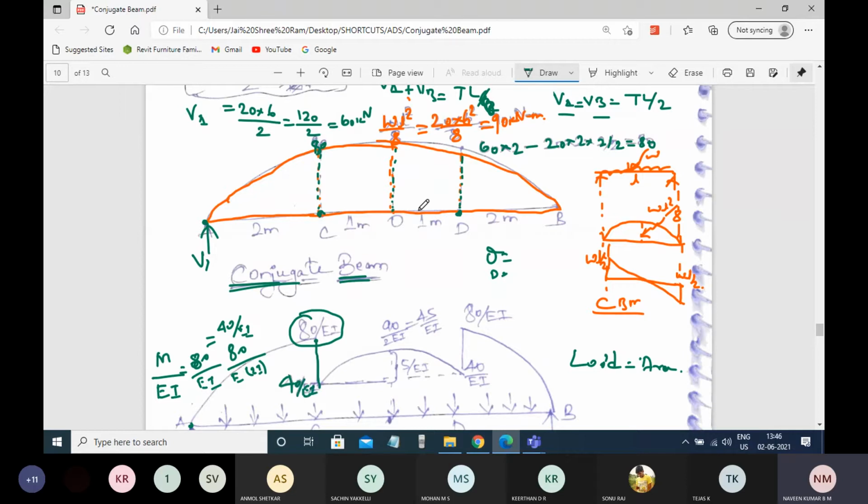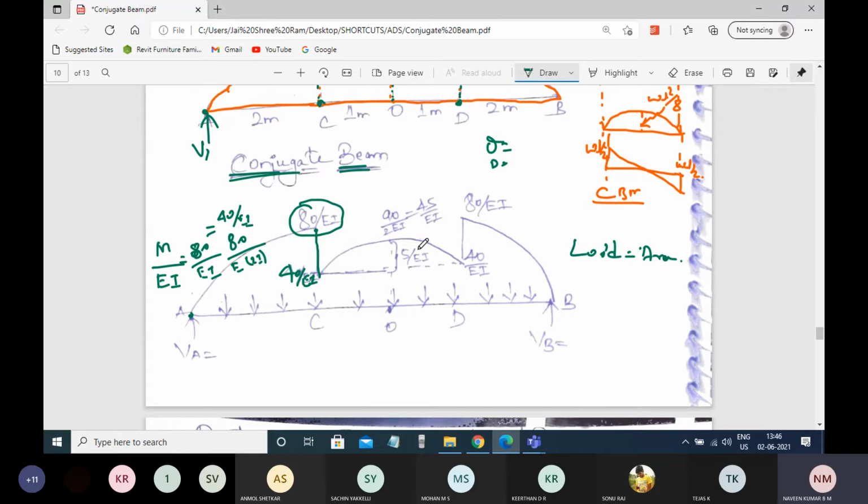Understood? Now similarly at point O, M by EI: M equals 90, E remains the same and I equals 2 times I, so that is 45 by EI. That we have shown here: this is 40, this is 45.